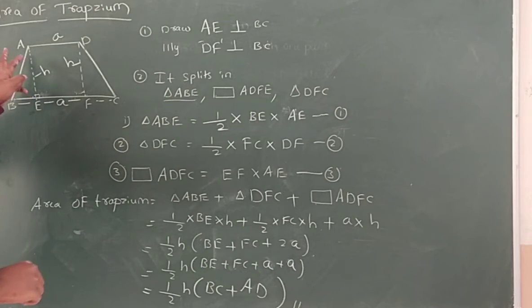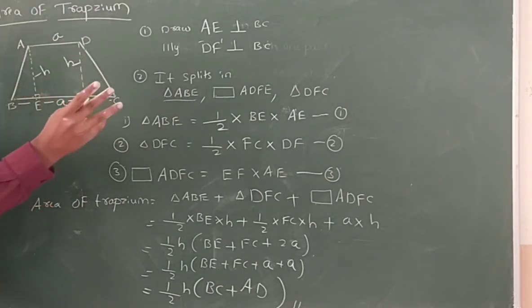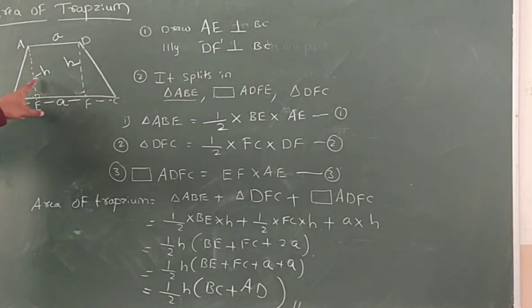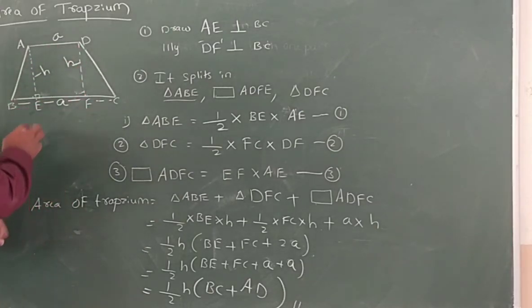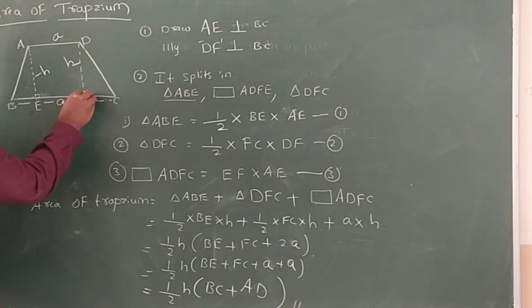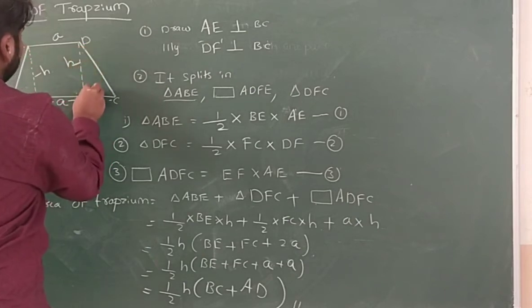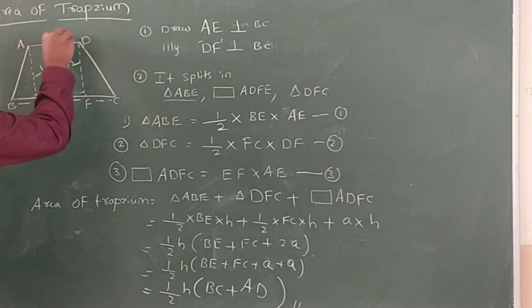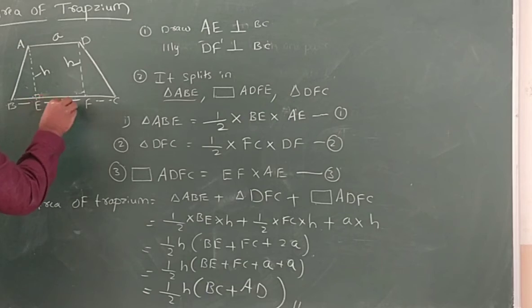Similarly, the trapezium splits into three shapes: triangle ABE, a parallelogram or rectangle ADFE, and triangle DFC. First consider triangle ABE, half into base BE into AE. Similarly, triangle DFC, half into base FC into DF. Similarly the rectangle, base into height, that is EF into AE.